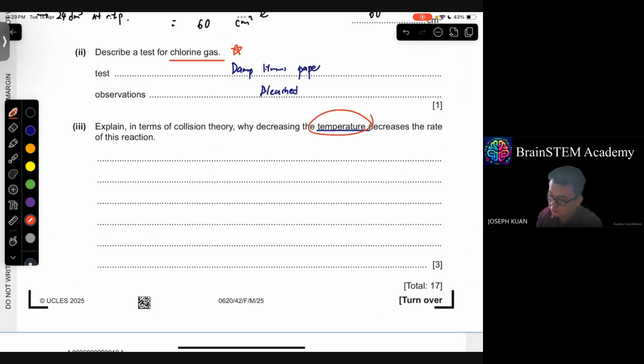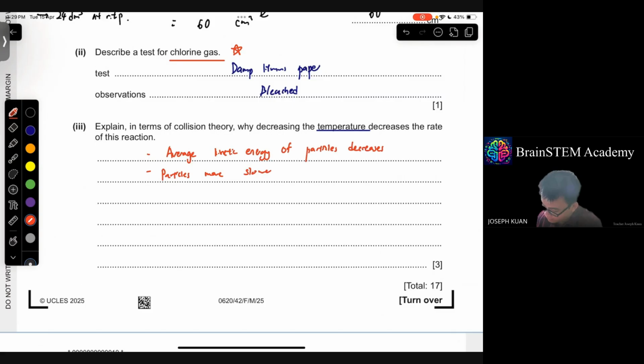When temperature is lower, particles move slower, due to the average kinetic energy of the particles decreasing. This causes two things. Number one, the frequency of collisions between the reactant particles decreases.